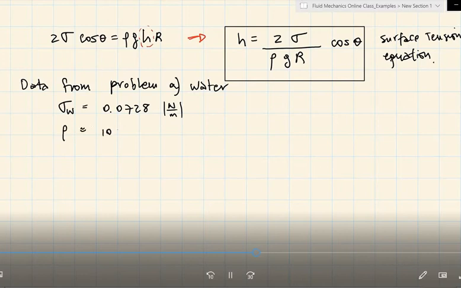The density or specific mass is around 1000 kilograms per cubic meter. This is not specific weight, it's specific mass or density. And g, the acceleration of gravity, is 9.81 meters per square second.